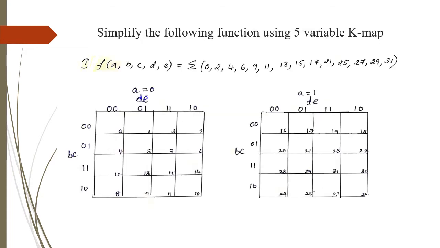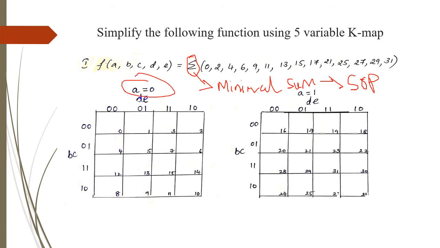So this is the first question. Simplify the following function using a 5 variable K-map. You can see they have given the summation, so you are supposed to find the minimal sum, nothing but your output expression will be in SOP form, that is, sum of products. First step is to write the K-map, two 16 cell K-maps, A equal to 0 for the first one and A equal to 1 for the second one.